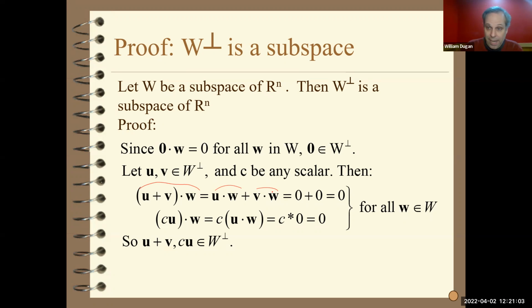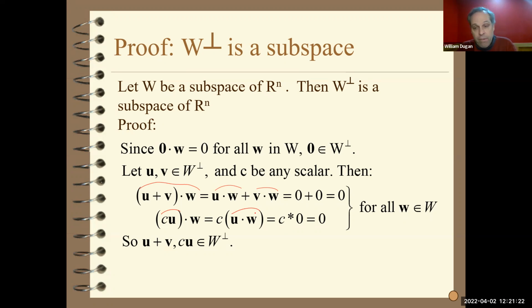Also, if you take any scalar multiple of U and take its dot product with any vector in W, the scalar can come out. You would then have the dot product of the vector U in W perp with some vector in W. So that dot product is 0. So you have 0 times the scalar, which is just 0.